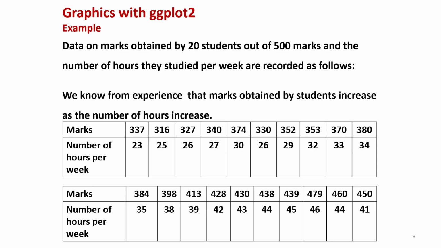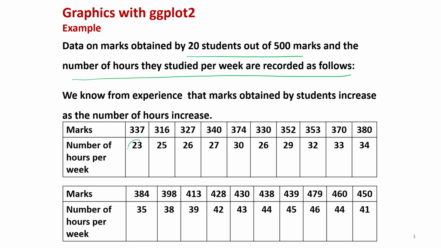So this is an old example that we have used in the earlier lecture, where we have obtained the marks of 20 students in an exam out of 500 marks. And this data is about the number of hours they study per week and the marks obtained. So this data is like this.